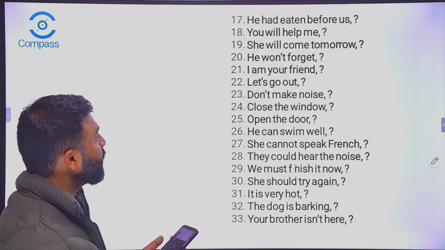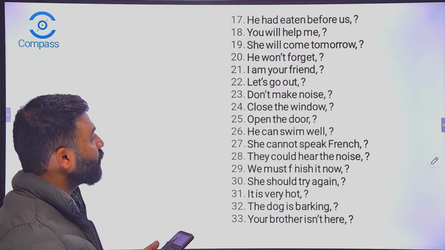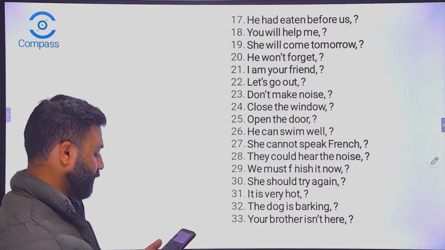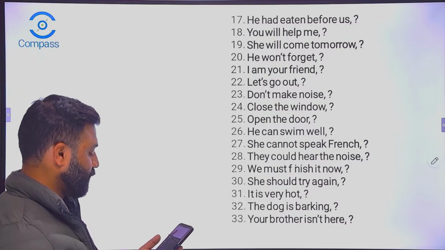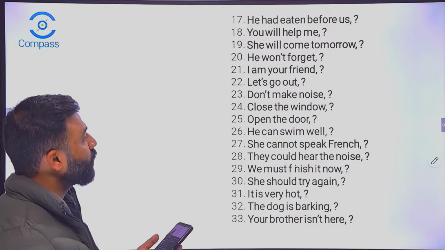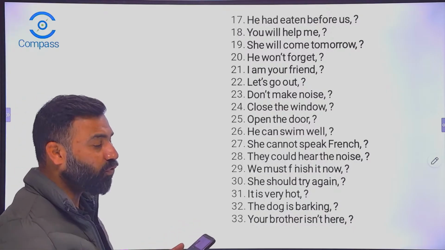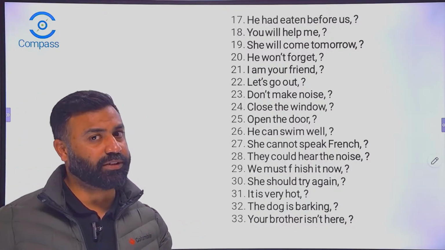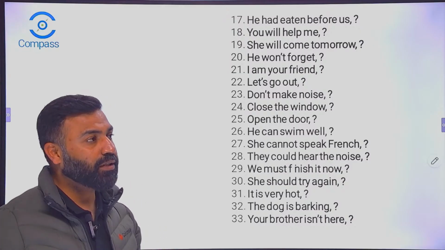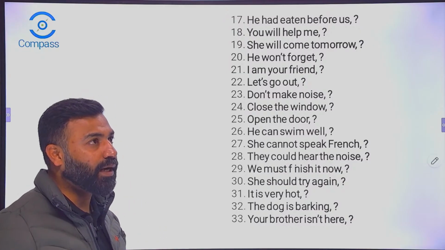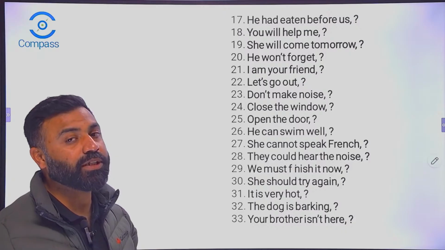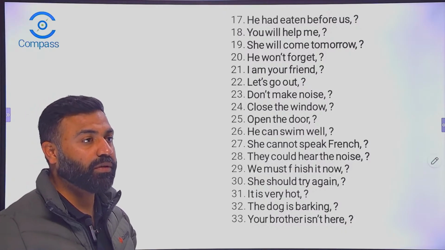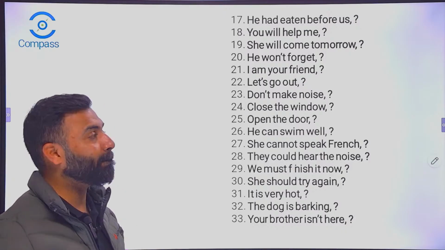Come on, let's do it. He won't forget. So, won't means will plus not. Okay, don't get confused by providing the question tag wouldn't. Wouldn't is not going to come.